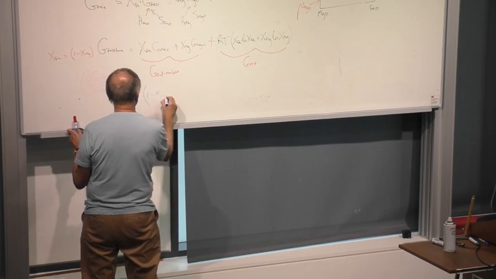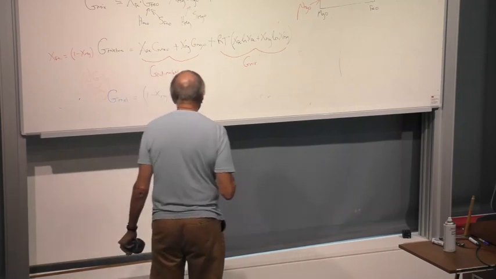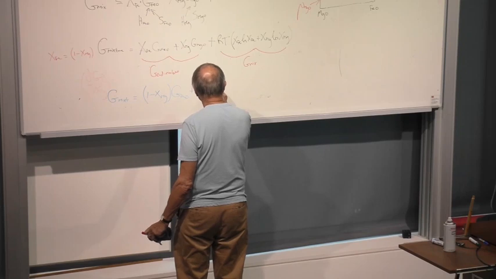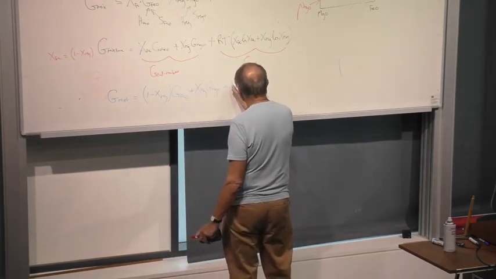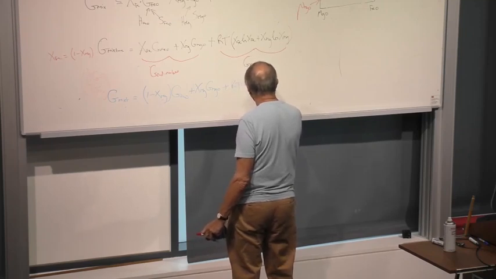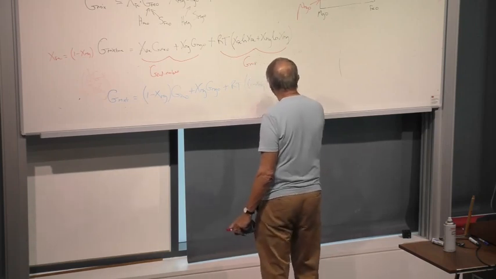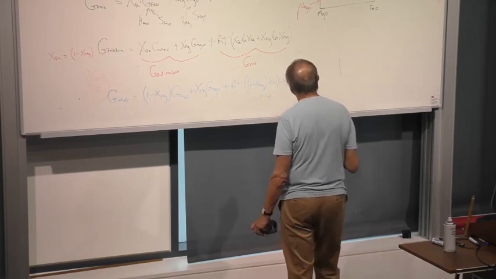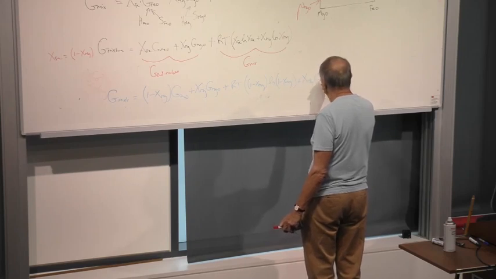G equals 1 minus xMg gFeO plus xMg gMgO plus RT into 1 minus xMg ln 1 minus xMg plus xMg ln xMg.